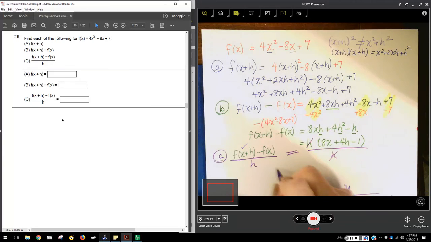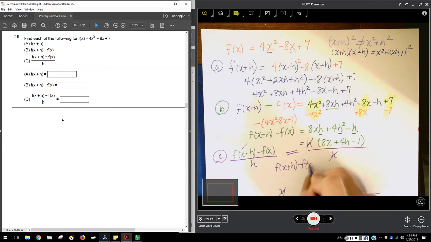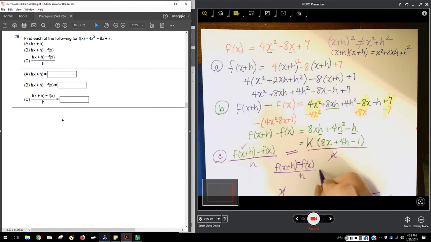So f of x plus h minus f of x over h is equal to 8x plus 4h minus 1. And there's your final answer for that. So a little bit more complicated, but not so much that you can't handle it.